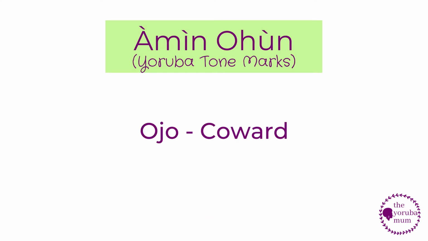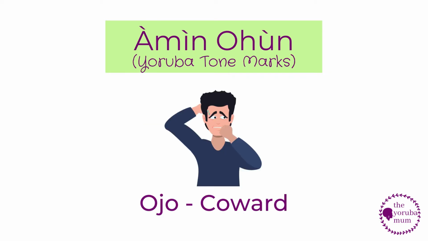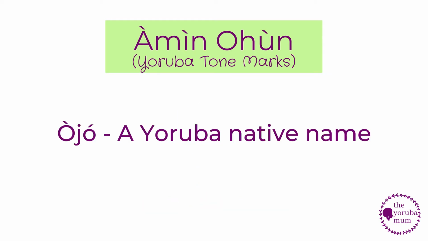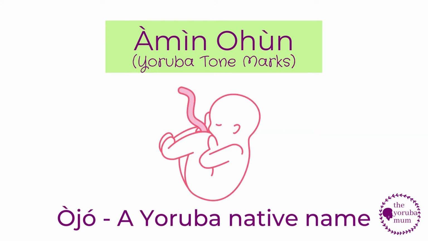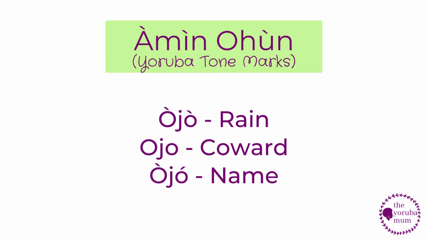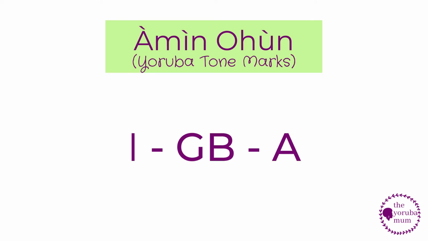Ojo means a coward or a fearful person. You could say Ojo. Ojo is a Yoruba native name. It's a name given to a boy, a baby boy that was born with the umbilical cord tied around his neck. Now, these are three different pronunciations of the word spelled O-G-O.